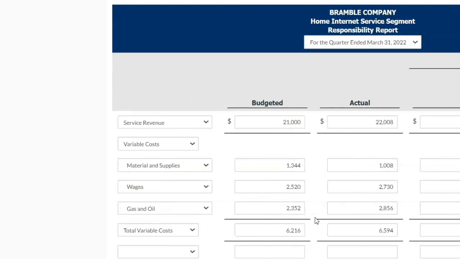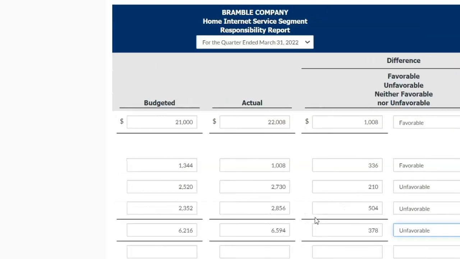Now look, go back there. You had 336 favorable, then you had 210 unfavorable, and you had 5. So if you add the 210 unfavorable and subtract the favorable, you get the unfavorable, so everything's correct. You see what I just said? Good.